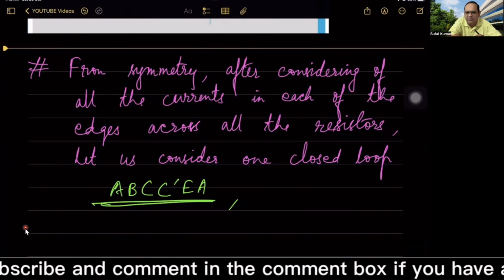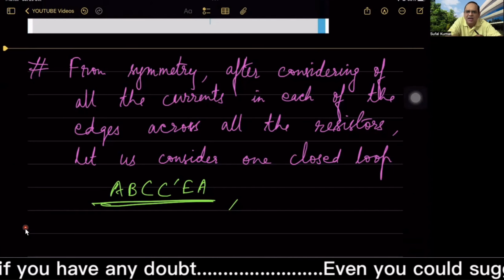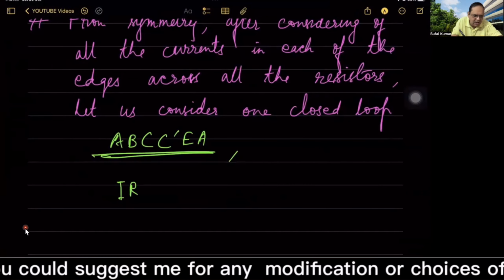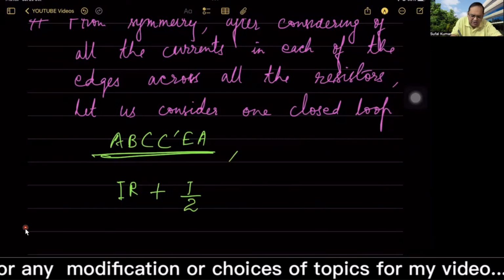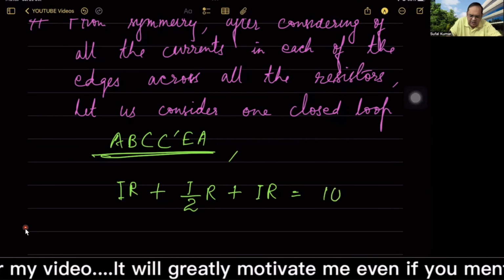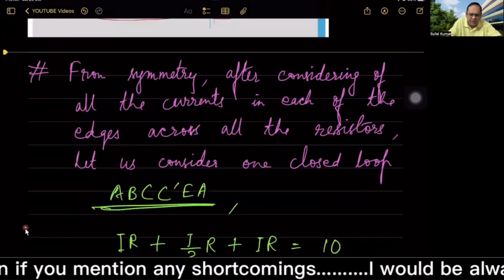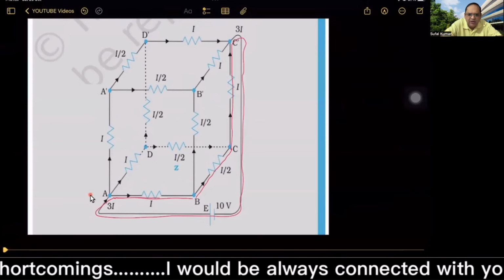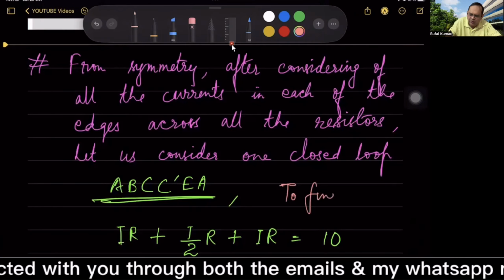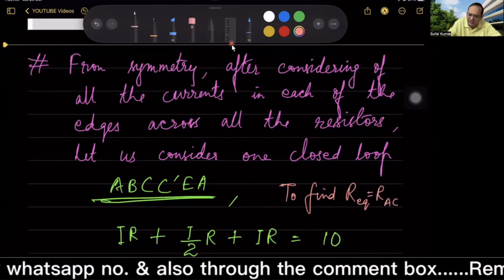In brief, let me remind you, for a closed loop we apply the technique sigma IR is equal to sigma E. So IR plus I by 2 R plus IR is equal to 10. Let us recall again what we are to find: the equivalent resistance between A and C dash, R equivalent, that is R A C dash.